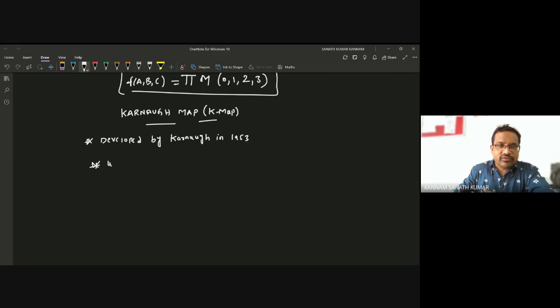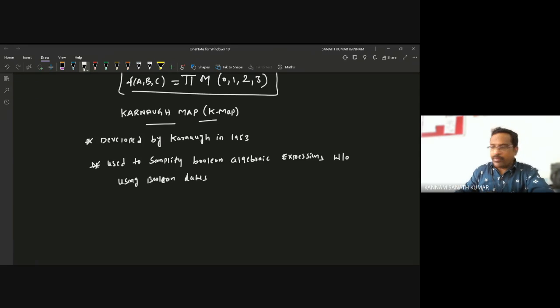Okay, so where is this used? This is used to simplify Boolean algebraic expressions without using Boolean laws.